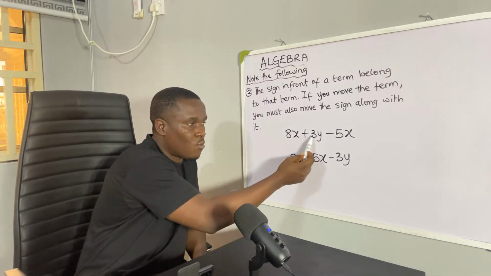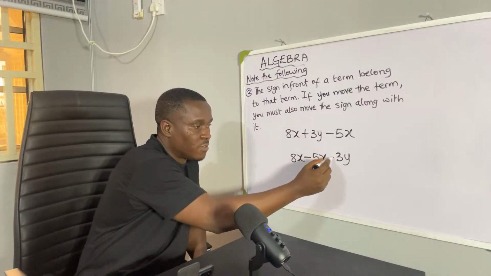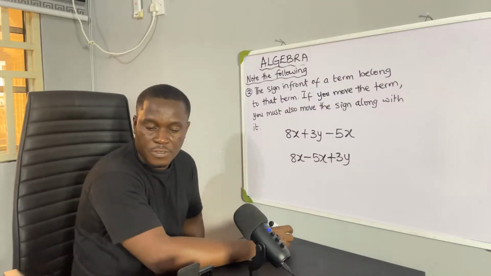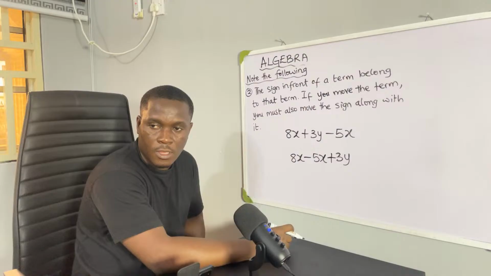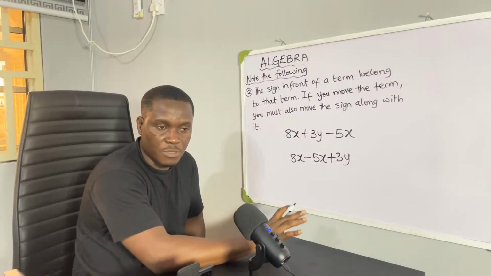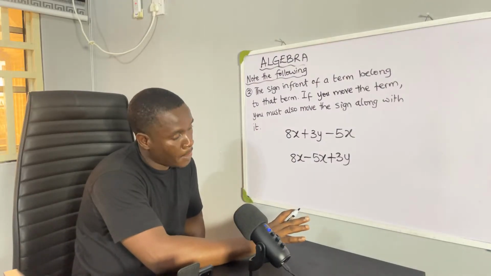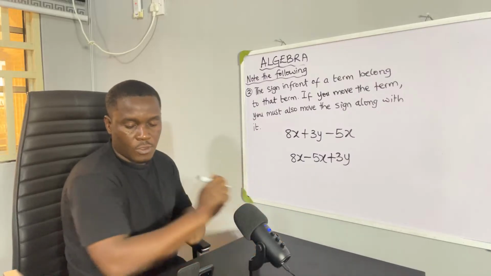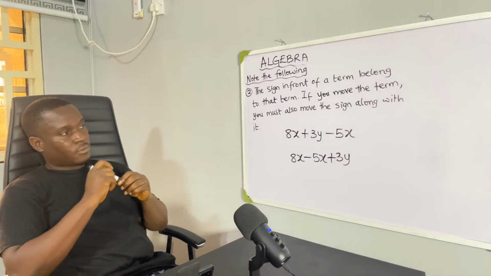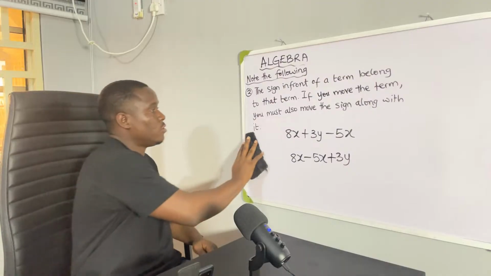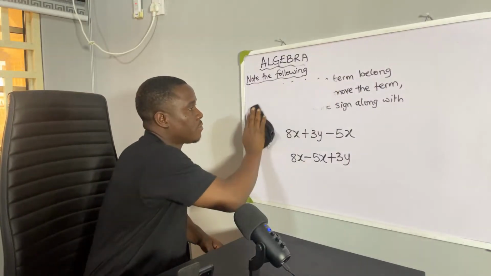And if I'm moving 3y backward, it has to go with the positive sign in front of it. So that's what this principle is stating. Can we continue? Yes, please. Okay. So we'll go to number 3.